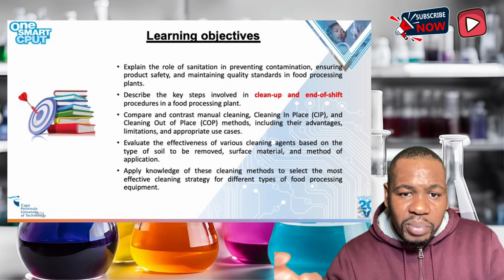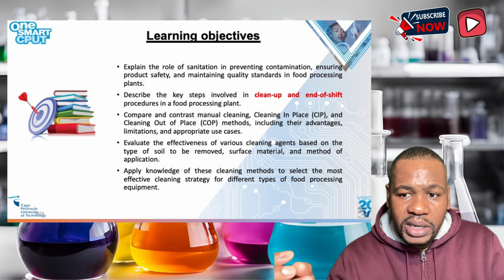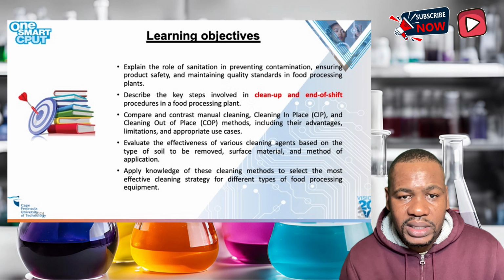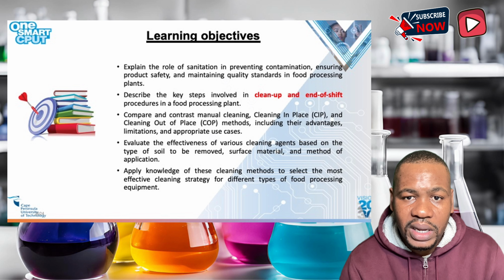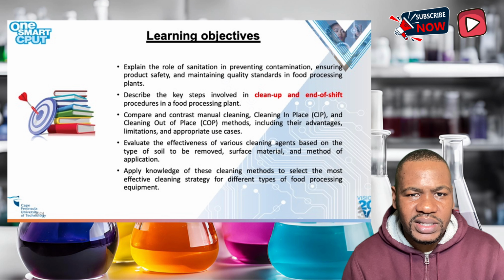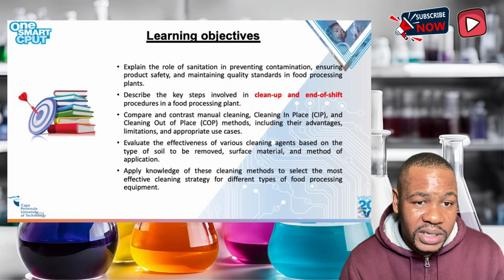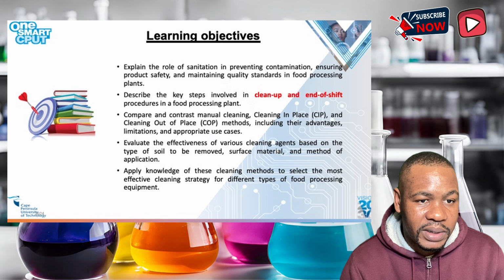It is not only important just to keep a clean environment, but it is important that the environment that we produce food in ensures that the product is safe for human consumption. So we also need to maintain high quality standards of food processing. So that is one of the objectives that I personally have that we need to achieve for this chapter.